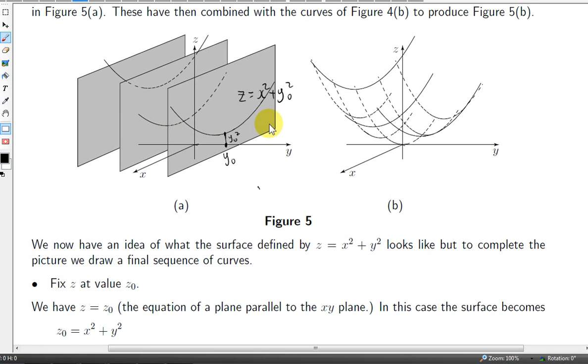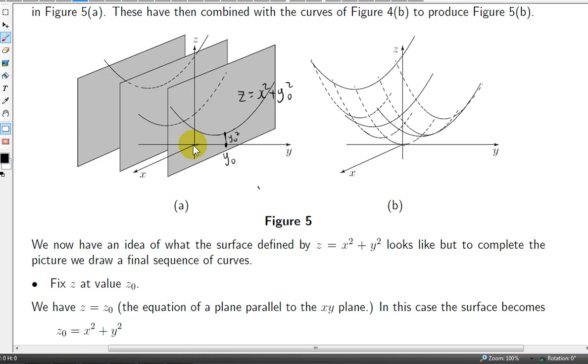So we will see a symmetry again as before, because y0 squared doesn't depend on the sign of the y value. So for large positive y values, y0 squared is going to be big. For large negative y0 values, y0 squared is also going to be big, and it will have the same value.